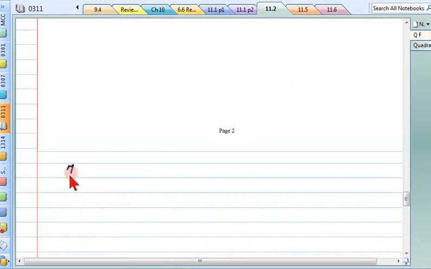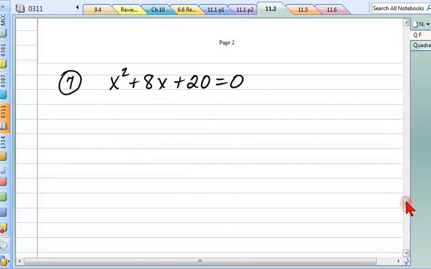All right, problem number 7. It is x squared plus 8x plus 20 equals 0. It's in the right form. A is 1, B is 8, C is 20.